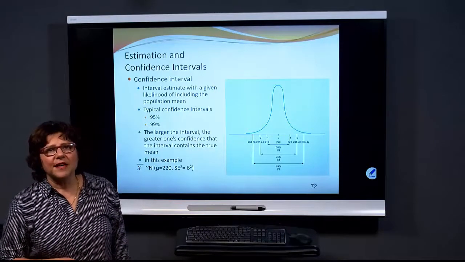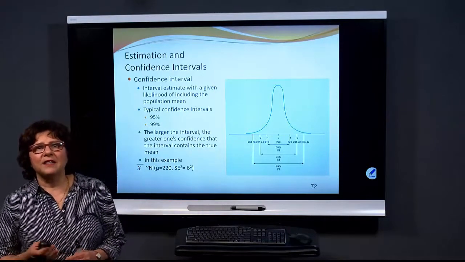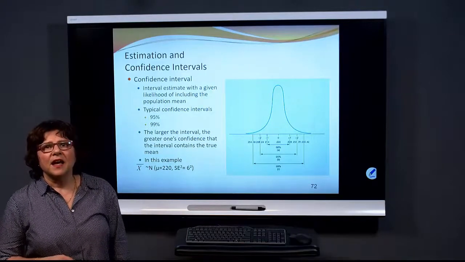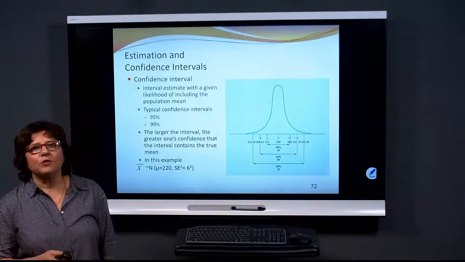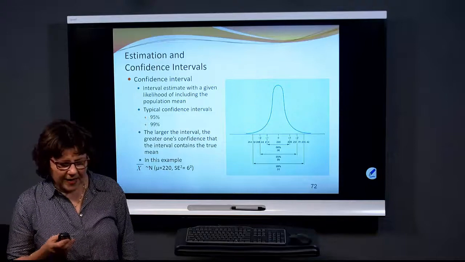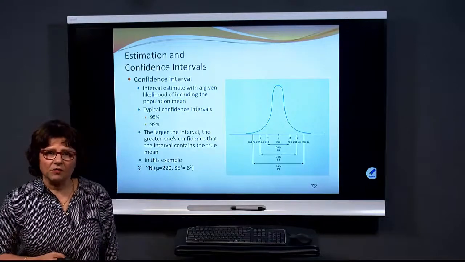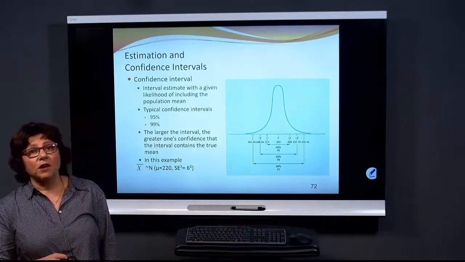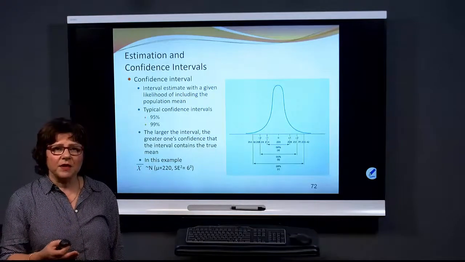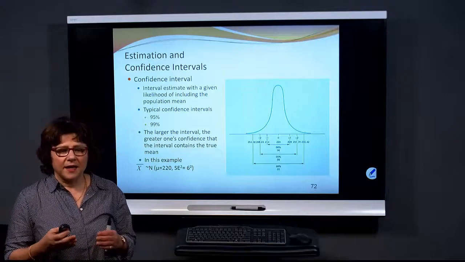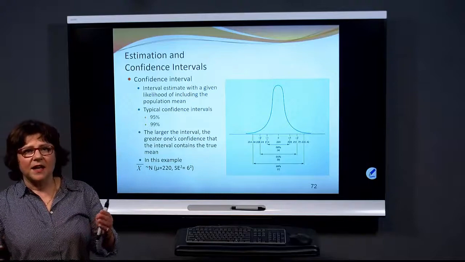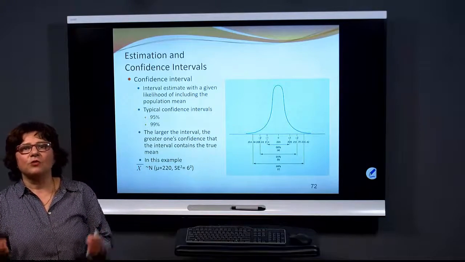Now here you can see that we have got estimation for the confidence interval, and the interval estimate with a given likelihood of including the population mean. So you say that I can give 95% confidence interval or 99% confidence interval, and that means that I'm 95% sure that my sample comes from a population that falls into these two ranges.